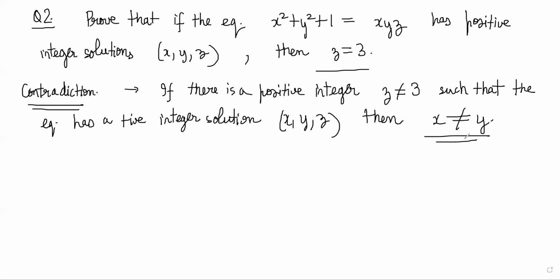So first I will establish that x cannot be equal to y if there is a positive integer solution z which is not equal to 3.